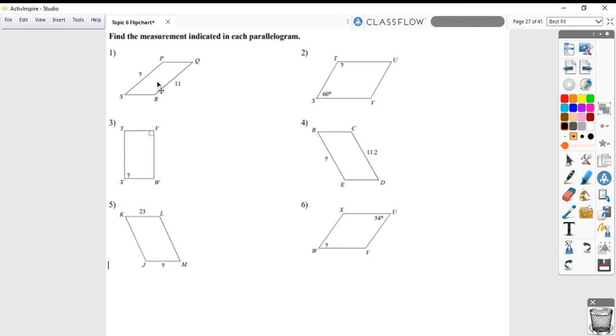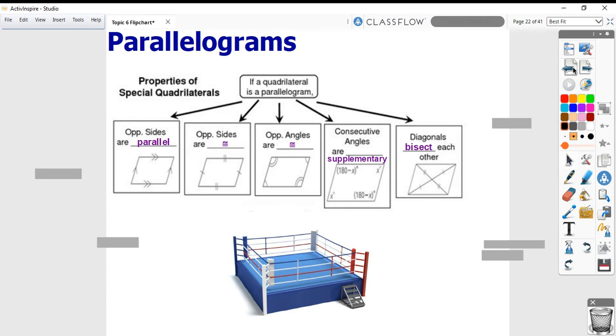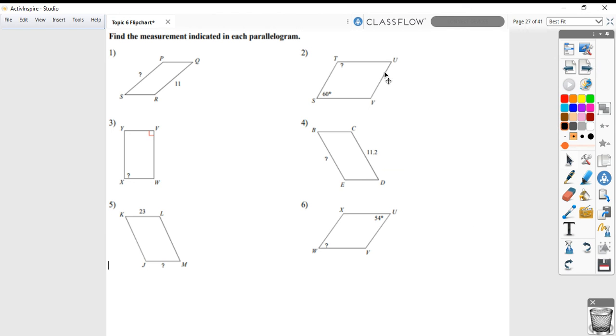Okay, all of them are parallelograms, and that tells us that we have to use some of these properties. First off, if we have a side right here, QR that's 11, PS has to be the same thing. Okay, we already said on a parallelogram, way back over here, that opposite sides are congruent. Okay, that's how we know that if one side is 11, the other side has to also be 11.